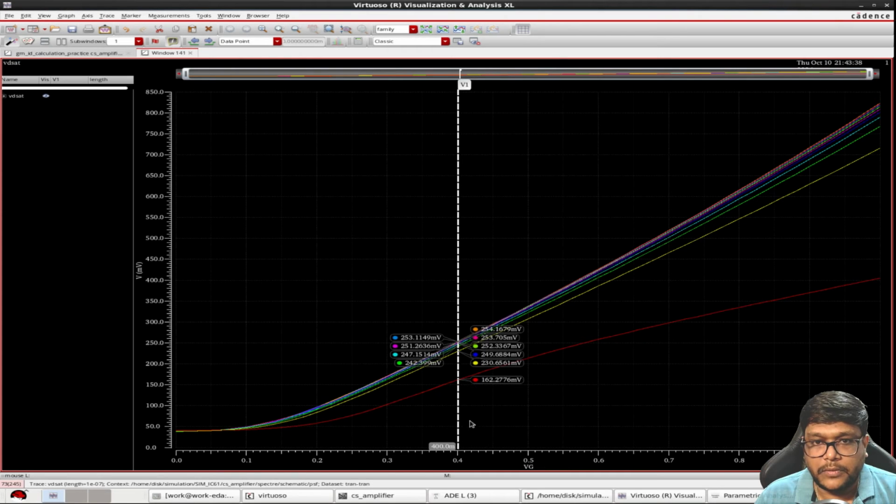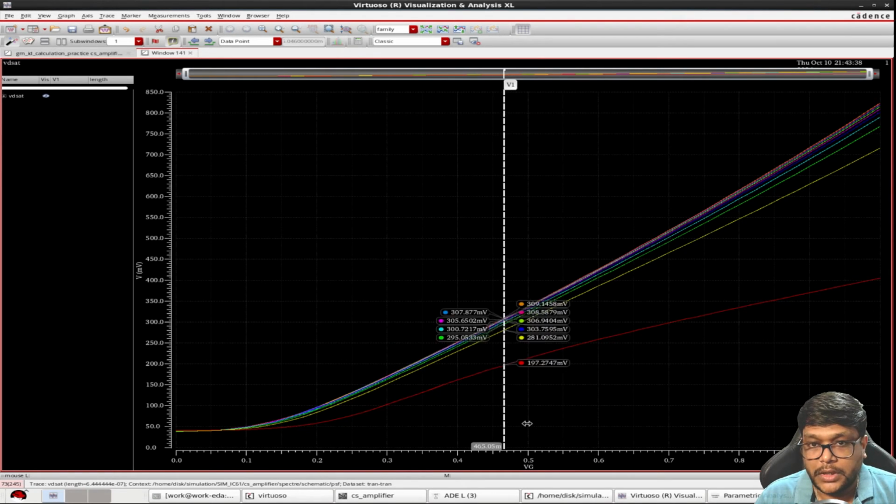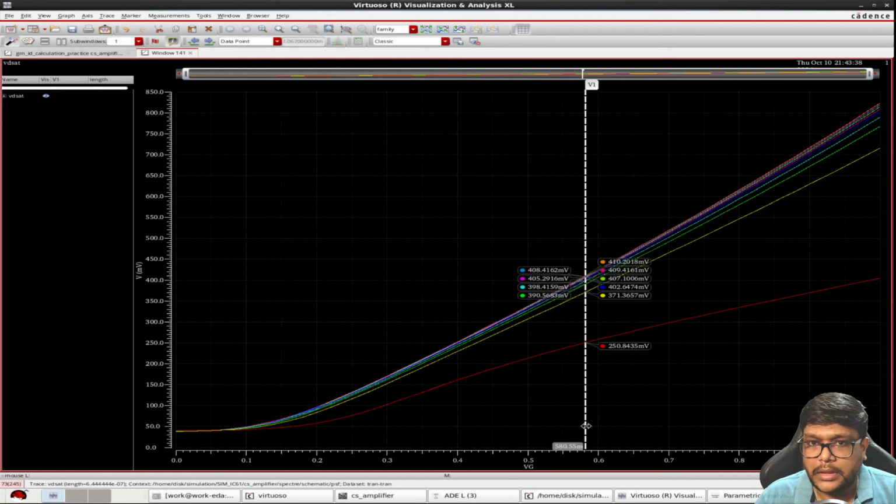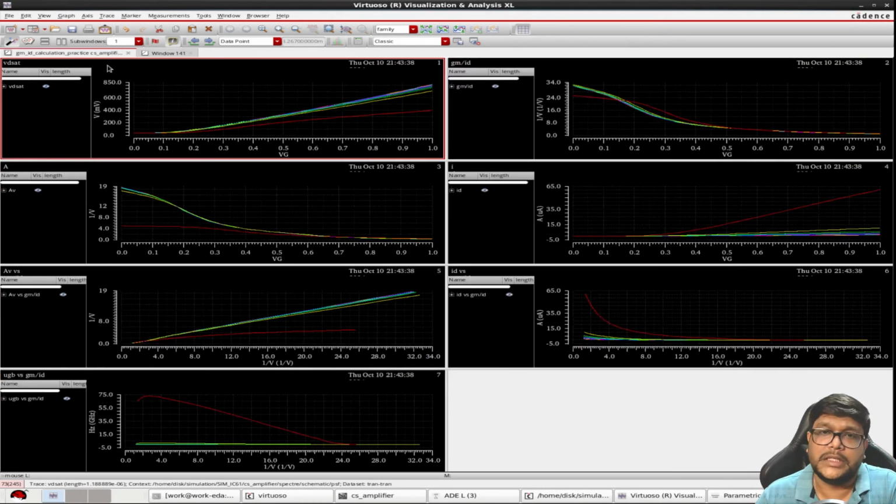So at 400, our VD is 400 millivolt. We won't go there. Don't worry, our MOSFET will be in saturation, because you can see for VD sat 400 I need 578 millivolt of VG.